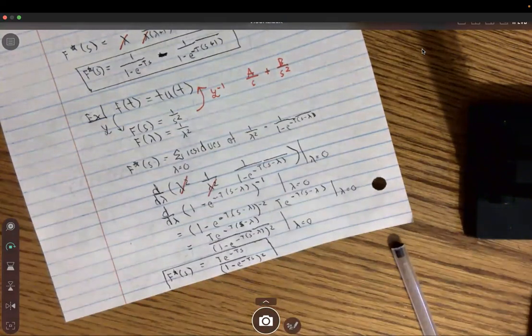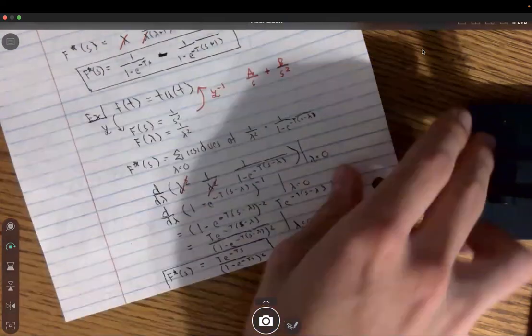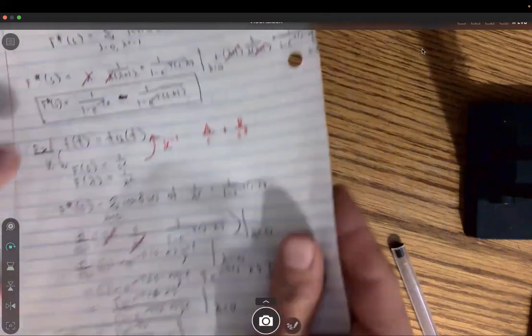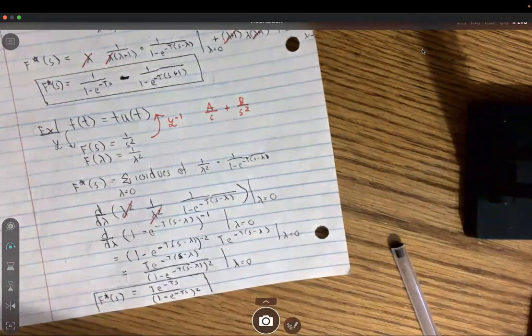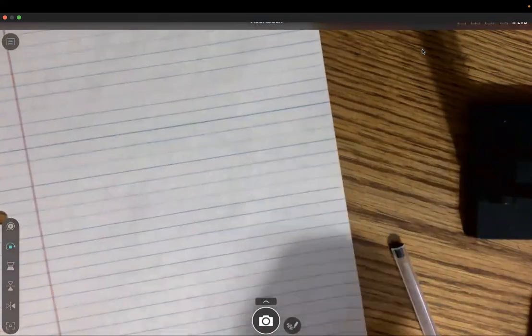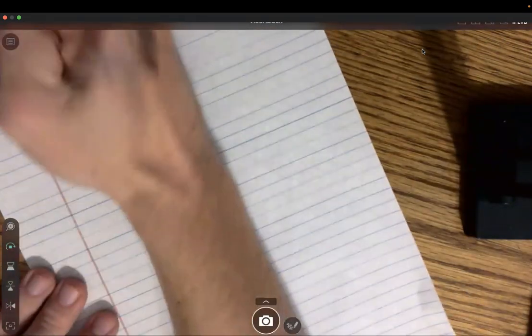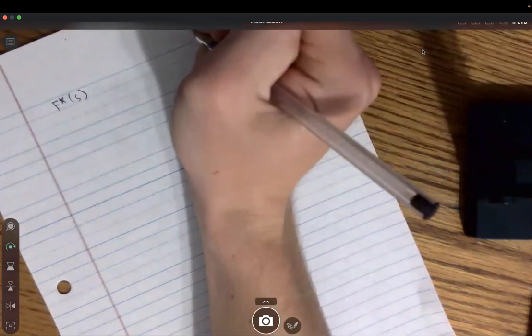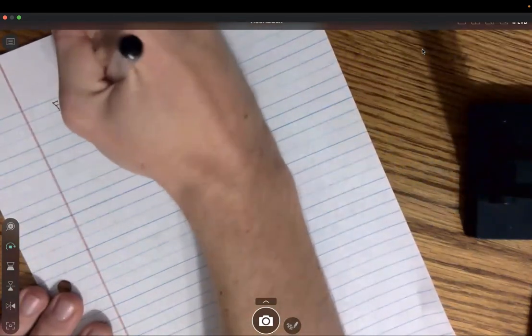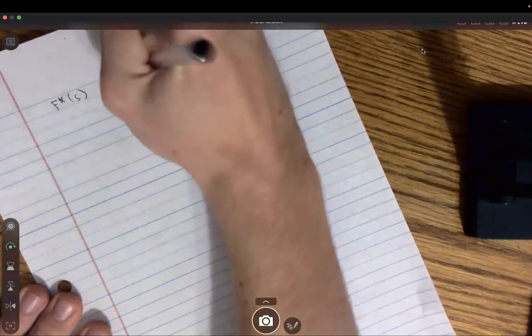Okay, now that we saw that, there's a little bit of an important nuance when it comes to working in the F star of s domain. Just to be familiar with F star of s, know that F star of s is periodic in the s plane.